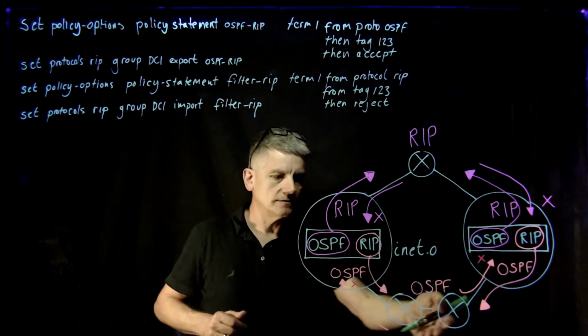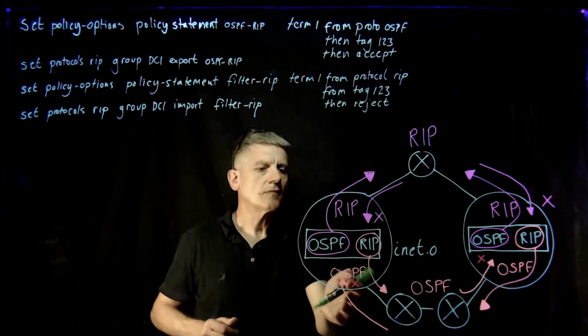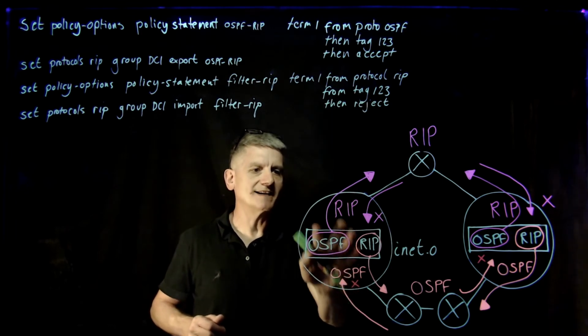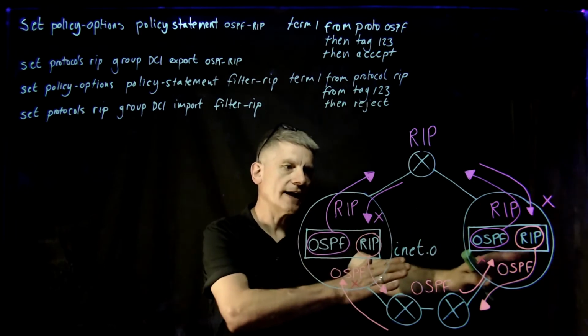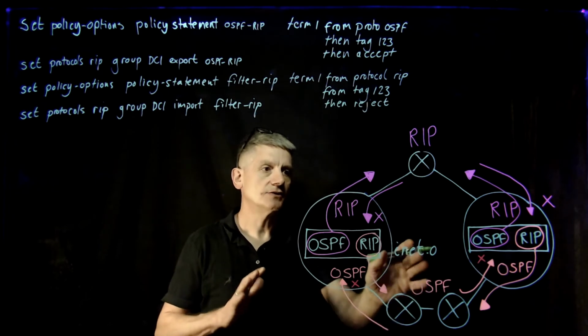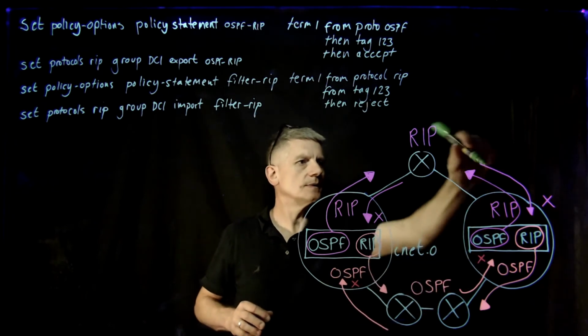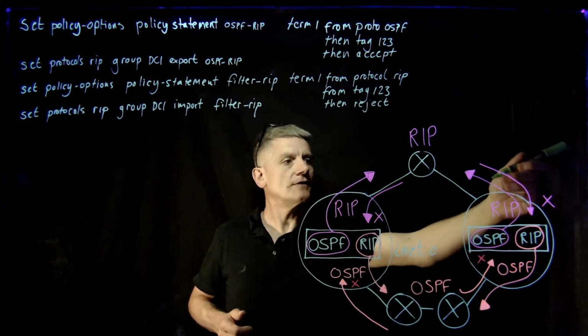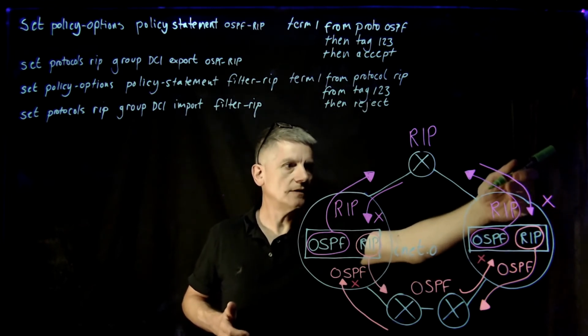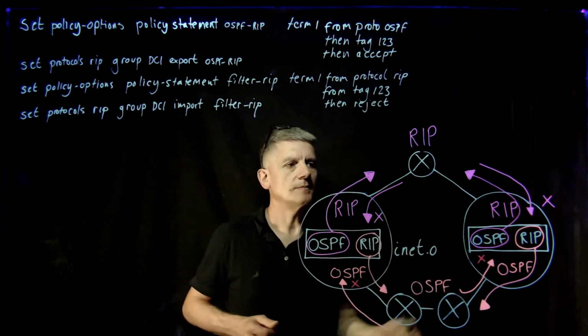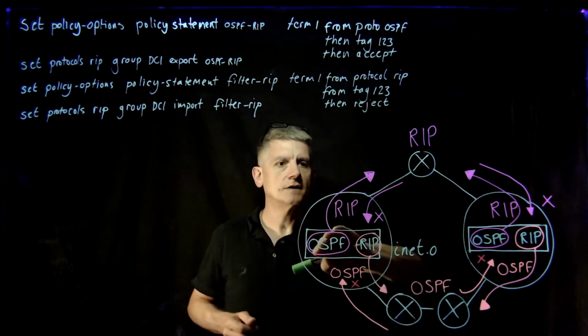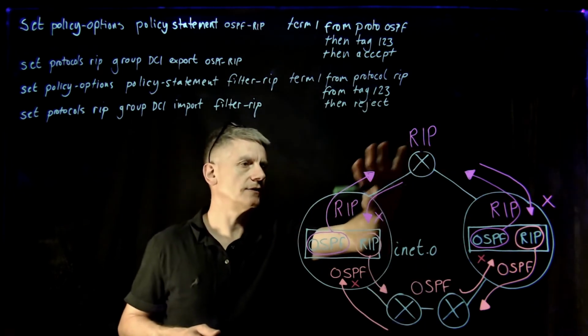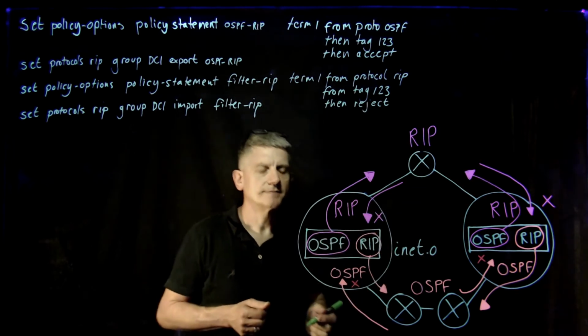And then that would come back to ASBR1, and ASBR1 would be looking at its own route via ASBR2, which is not a good thing to do. So we're going to block it on the way in. We consider this an import. So if it's going from the RIP protocol daemon into the INET 0, it's a RIP import. If it comes out into the RIP cloud, it's a RIP export.